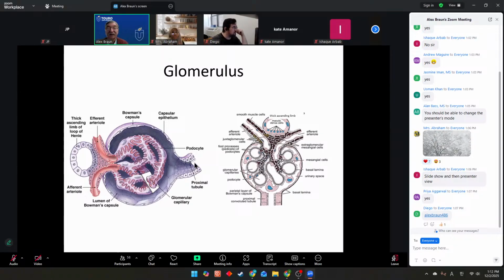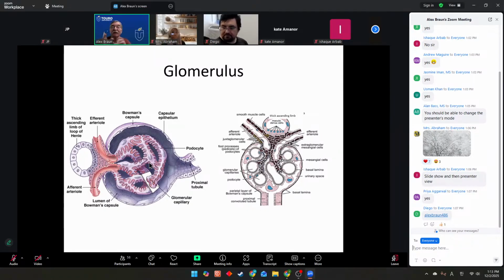And there's a space inside that too. That's the lumen of the proximal convoluted tubule. So the lumen of the proximal convoluted tubule is continuous with the lumen of Bowman's capsule, which is Bowman's space or the urinary space that you see here. So we're seeing a vascular pole and a urinary pole or a tubular pole at this end. They're at opposite ends, more or less.